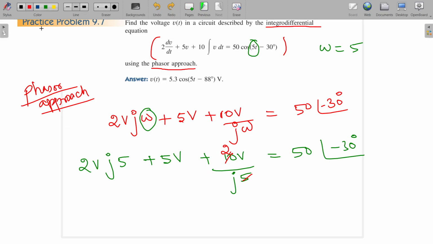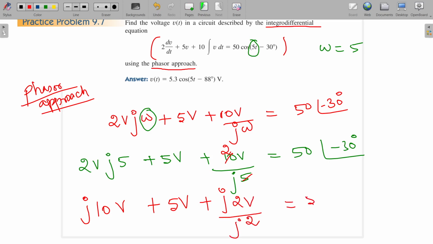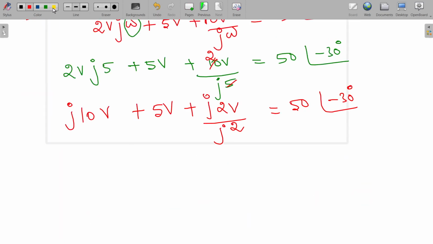So the first term becomes j into 10V plus 5V, and then multiply and divide by j, you will get j into 2V divided by j square, that is equal to 50 angle minus 30 degrees. We all very well know that j square is equal to minus 1. So this term becomes minus 1.